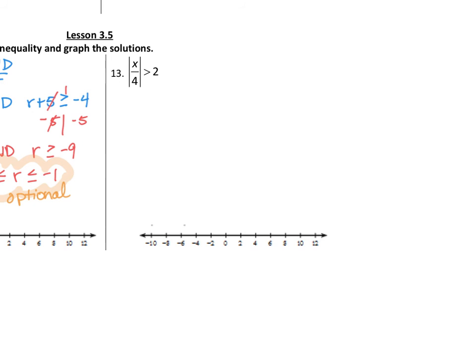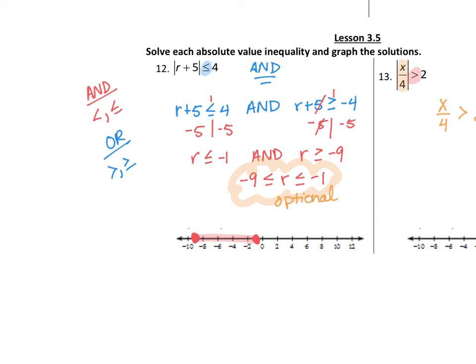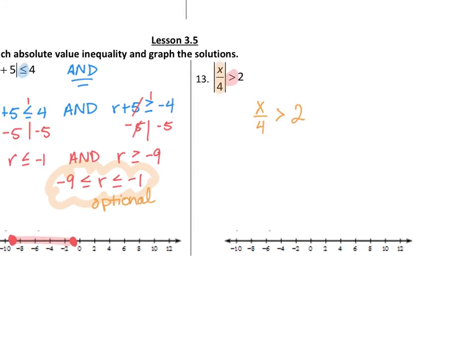And finally, we've made it to number 13, and there's nothing outside my absolute value. You can see right here there's nothing on that side, so we don't have to do a first step. We're ready to split this apart. I did forget to decide, but we can decide right now: is this going to be an and or an or? Well, it's greater than, so if we look at this rule again, greater than means it's going to be an or.